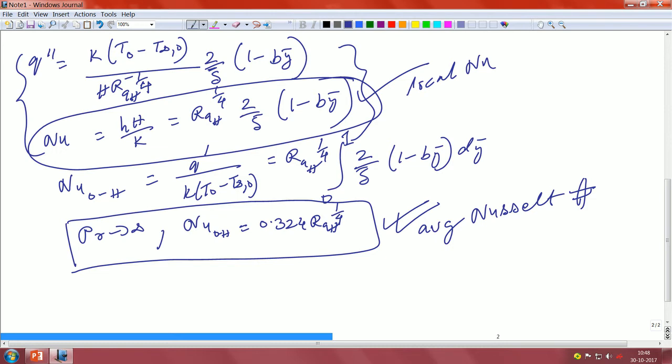So, let us now look at the situation where the two vertical walls are a little bit closer to each other. This problem is interesting in the sense that it is applicable in a wide variety of applications ranging from fins to electronic cooling, where the two fins may be placed very close to each other.